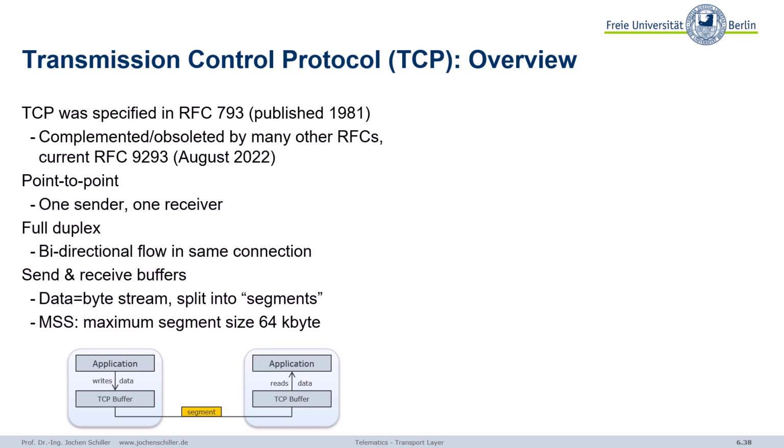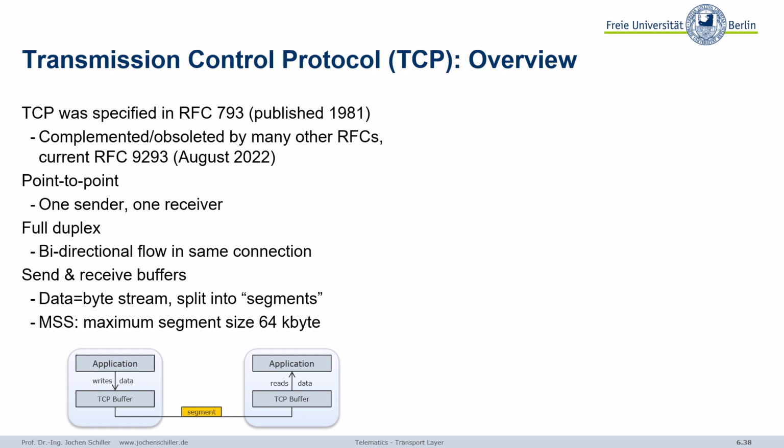Okay, we will learn that TCP works a lot with buffers, send buffers, receive buffers, and we always have to think of our data as a stream of bytes, a byte stream, and TCP will, for practical reasons, split this into segments, and there's also a maximum segment size, for example, 64 kilobytes.